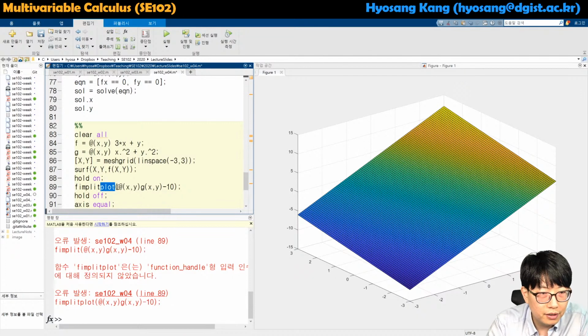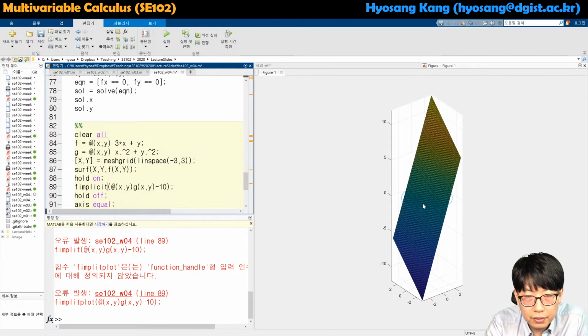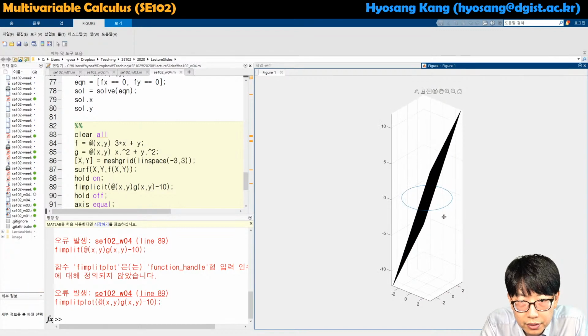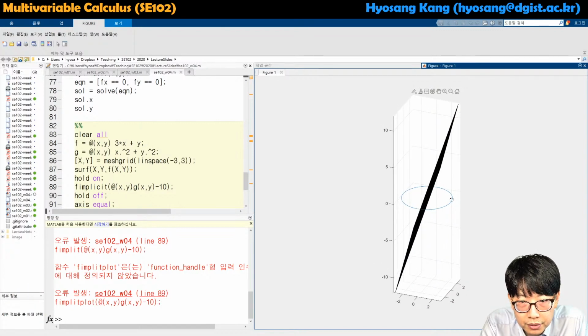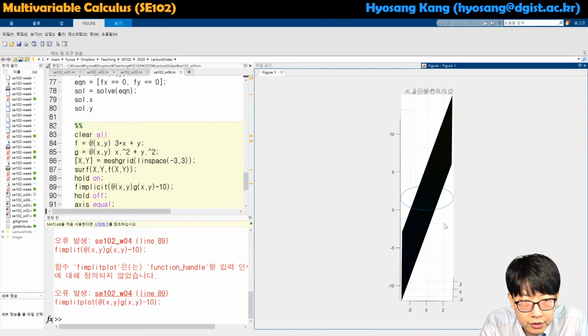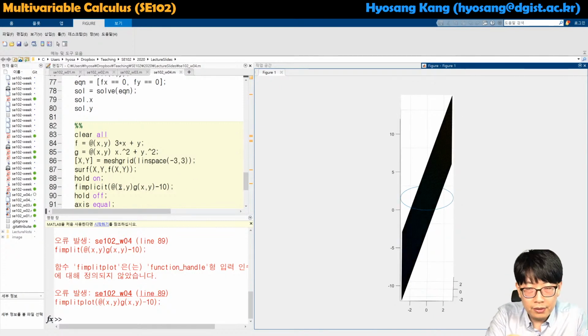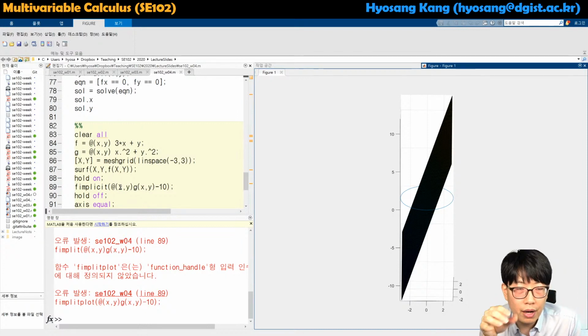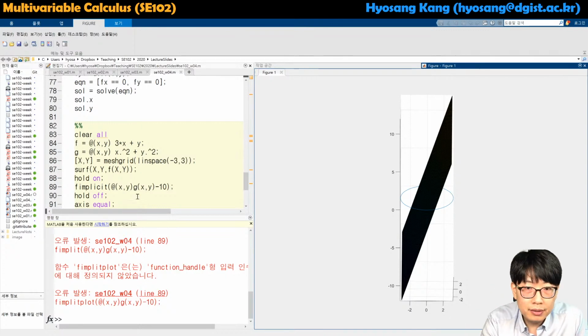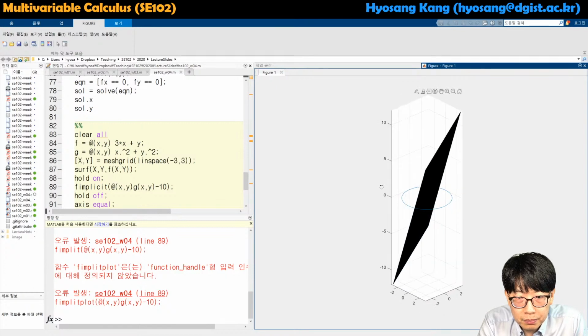So you can see this implicit graph here, and this implicit function graph is lying inside the xy plane. I'm graphing the level set here, so this level set lies on the z equals 0 plane, that's the xy plane here.